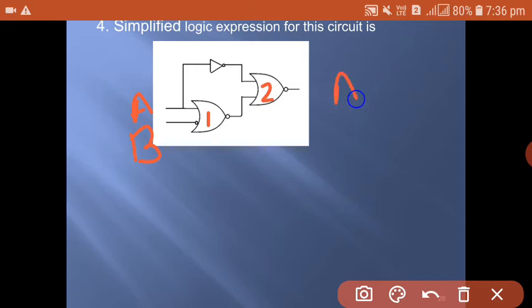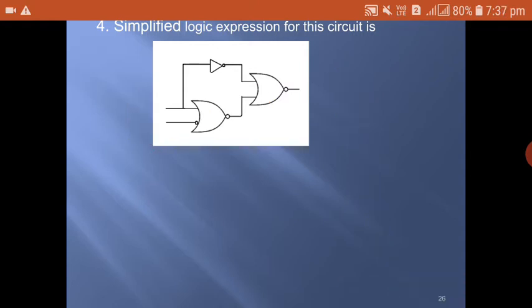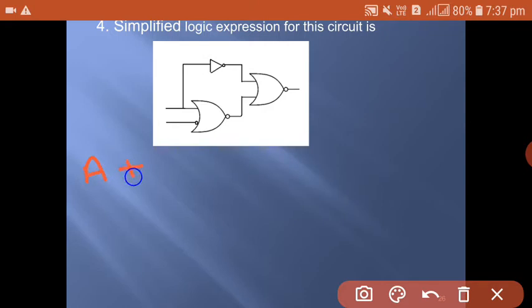It will be (a plus b bar) whole bar. And similarly, what are the inputs to the second NOR gate? It will be a bar, and this is the input to the second NOR gate.